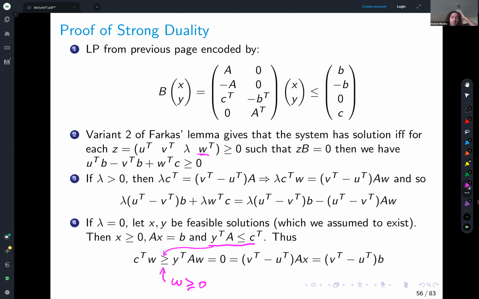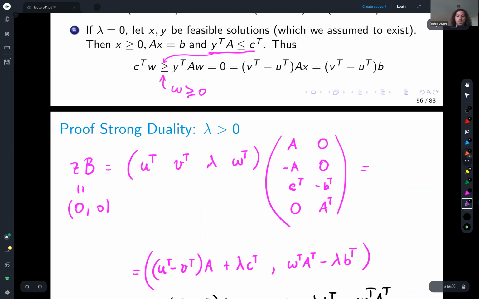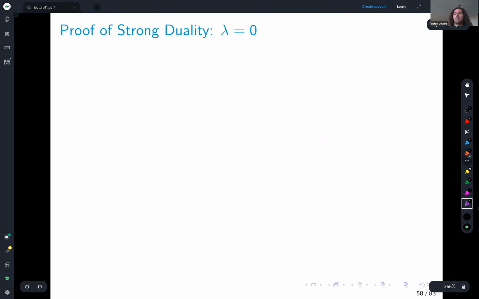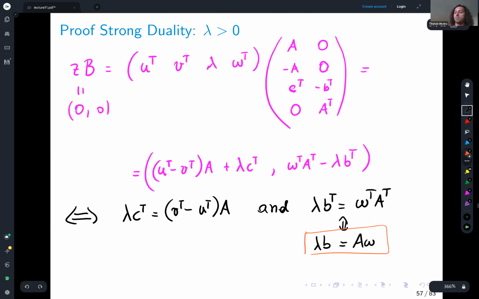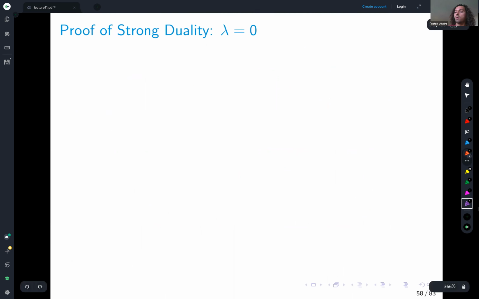Okay, excellent. But now, what else do we know? Let me go here to lambda equals 0. So if lambda is equal to 0, what do we have? If you remember this equality, lambda equal to 0 and Z B equal to 0 implies what are the two equalities that we have?